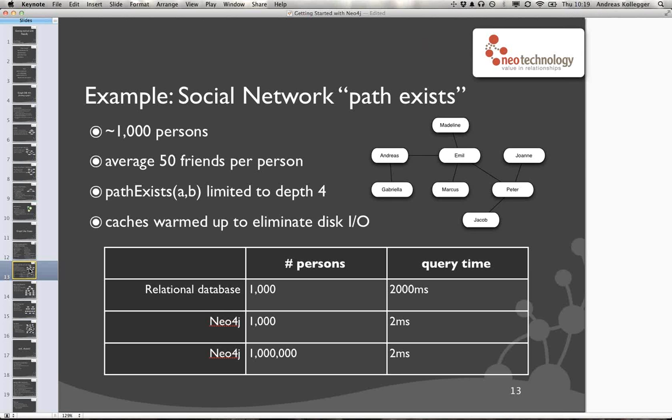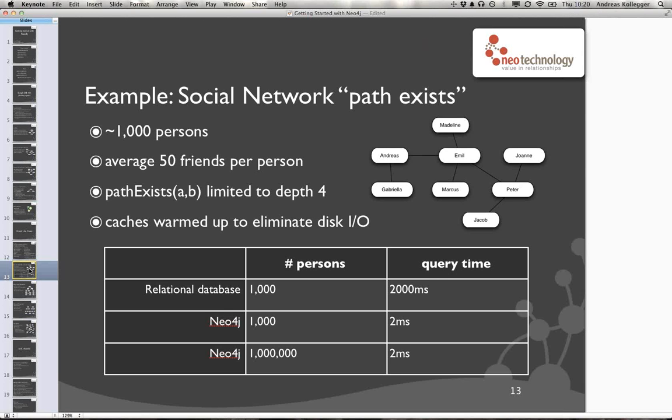We created a social network, a completely fabricated network of random people with random names, and we put about 1,000 people into the database. On average, each person had 50 friend connections. Then we ran a super simple query that said, for any 2 random people within this graph, see whether there's a path between them, limited to 4 steps away.